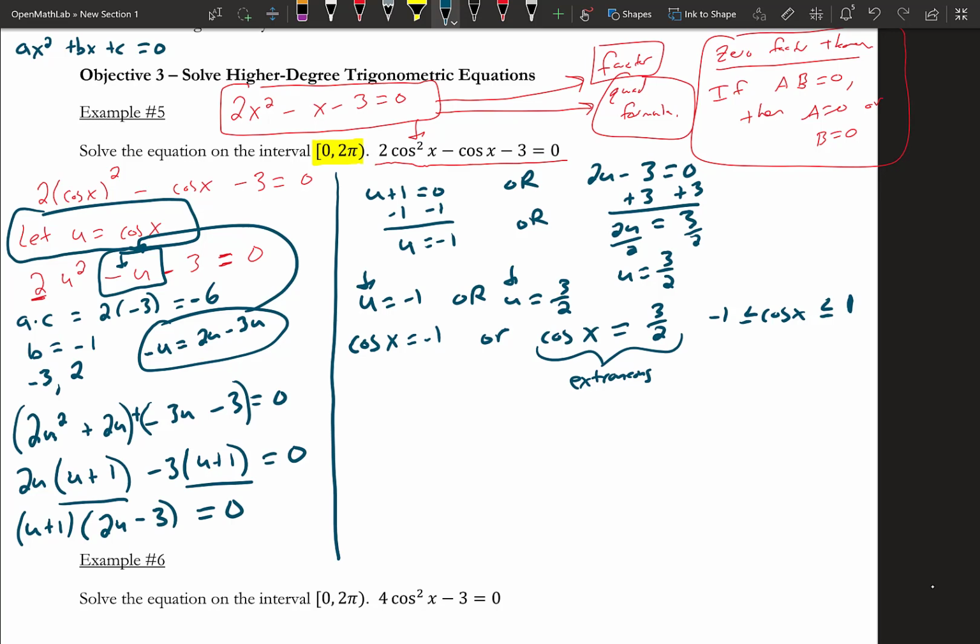But cosine of x equals -1, we can work with that. So this actually indicates that x would have to be pi, right? I think we did this one previously today, but we're looking for this point to have an x-coordinate of -1. So that, of course, goes with pi.